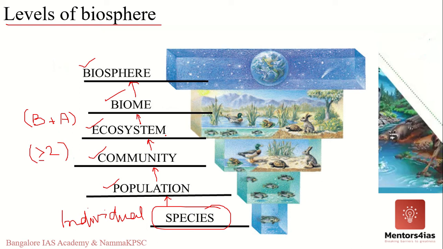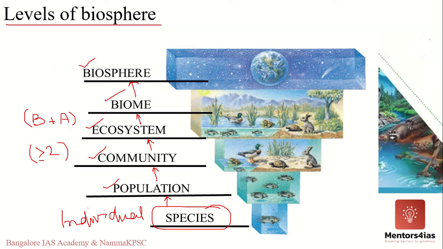The reason I'm discussing the different levels of the biosphere is to make you understand that we have interaction between organisms. There is no sphere where you don't have interaction. It is always about interaction. In a biosphere, any ecological community will always consist of populations of all the different species that live together in a particular area.